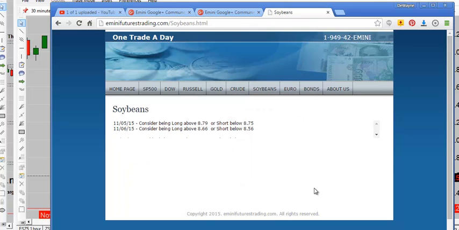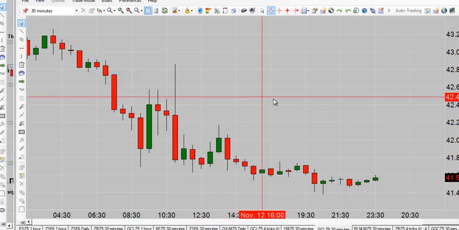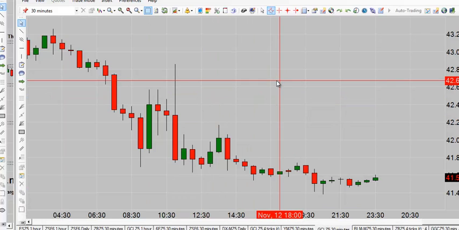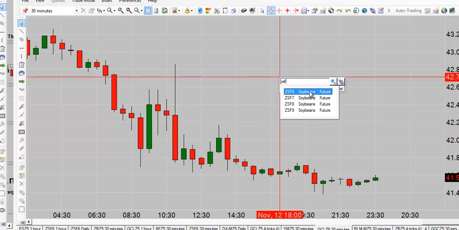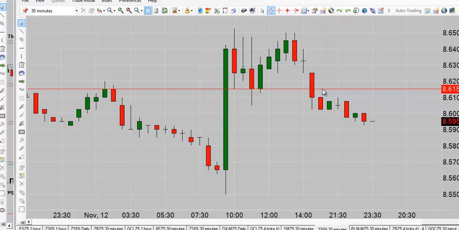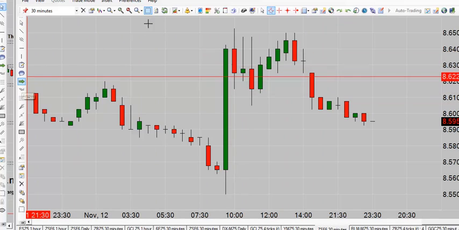So, soybeans. On the 12th, let's take a look. Clear all drawing objects. ZSF, we're in January soybeans. Got to find our 1030 candle.